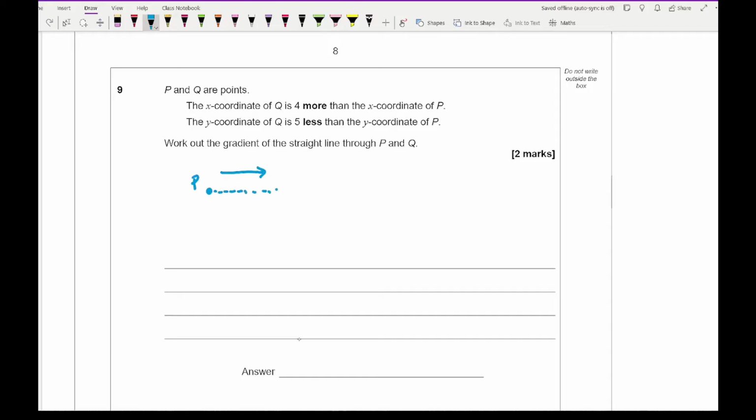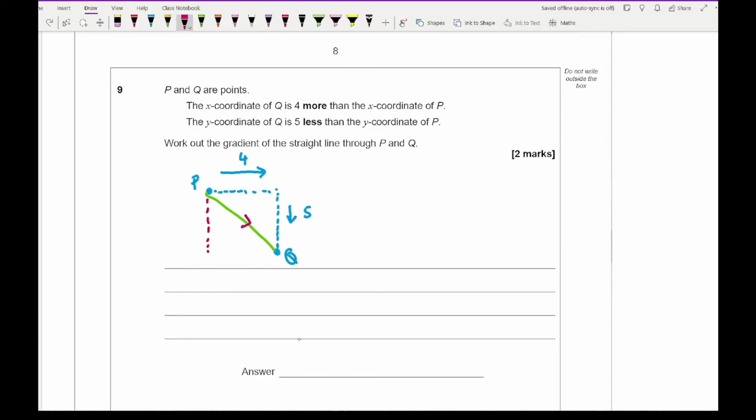Now if the y-ordinate is less, that means it's going to be down by 5, and across by 4. So point Q is going to be somewhere there. Now the question is asking me to work out the gradient of the line that connects these two. Here you can see I'm going to end up with a negative gradient because I'm going down.